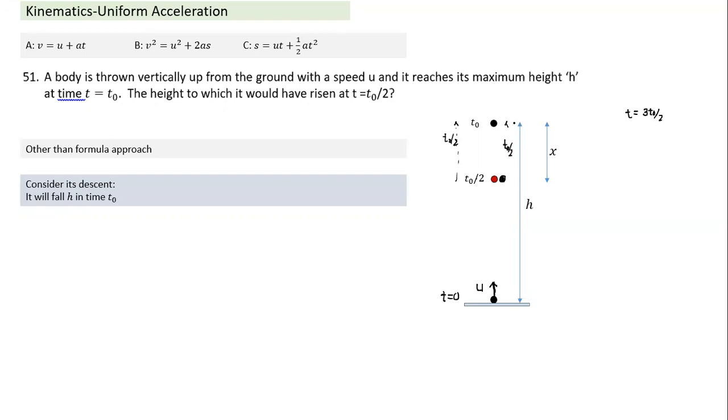In t0 by 2, it will fall a distance h by 4. And if it falls h by 4 in t0 by 2, from here also this distance is nothing but h by 4, and hence this height is 3h by 4.